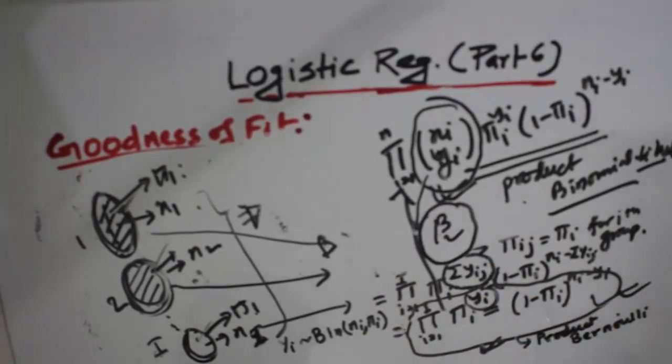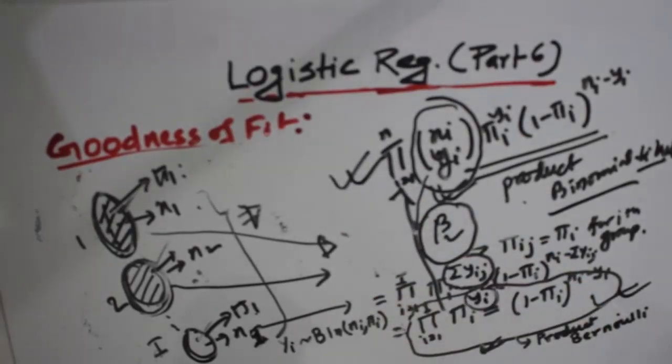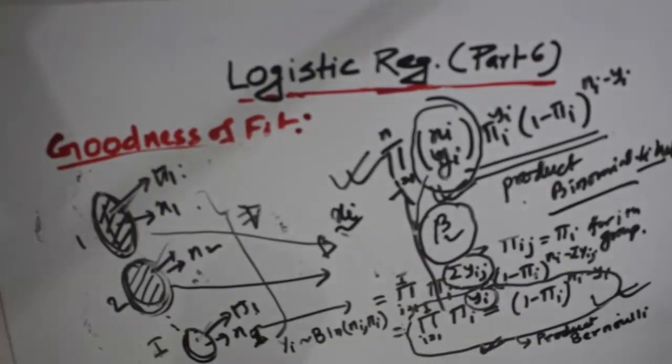So we would get the same MLE and standard error estimates. However, for goodness of fit, we would use the product binomial likelihood with xi curl, the covariate vector associated with group I.